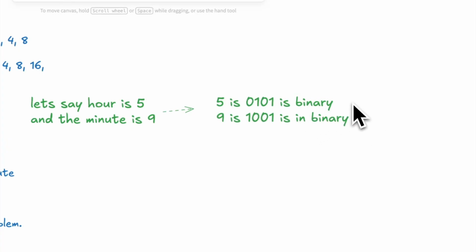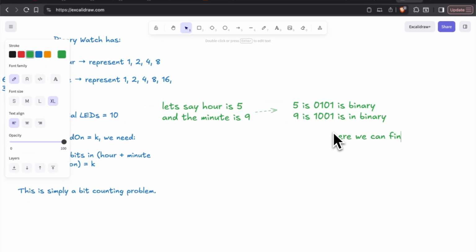If we count the ones, there are two ones in the hour and two ones in the minute. So the total will be 4.